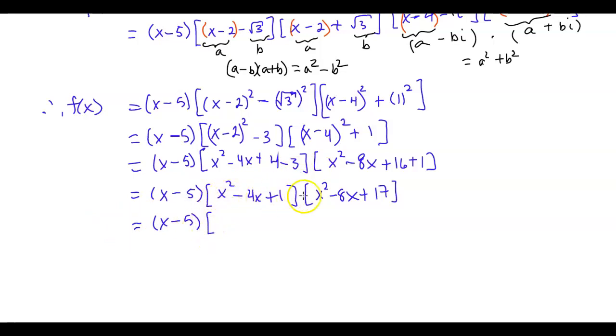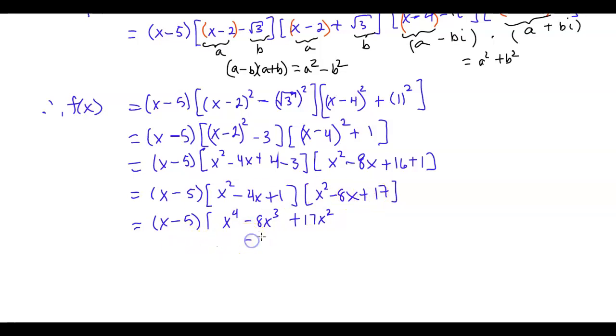So I'm going to multiply x squared times everything here, and this will be x to the 4th minus 8x cubed plus 17x squared. And I'm going to write it in an untraditional fashion, just kind of like how I did the other one, so that it's easy for me to keep up with everything. So next I'm going to multiply negative 4x times all three of these terms.